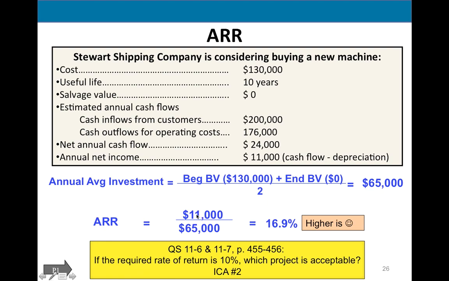And then we need to divide net income by the annual average investment. Remember the formula: beginning book value. Beginning book value is cost. In general, guys, book value is cost minus accumulated depreciation, but in the beginning we don't have any accumulated depreciation. And the ending book value is always equal to salvage value.